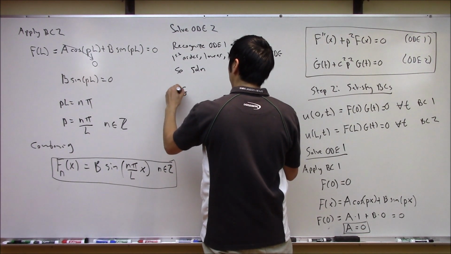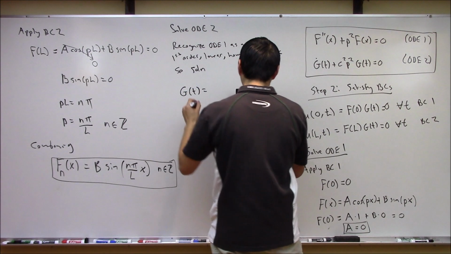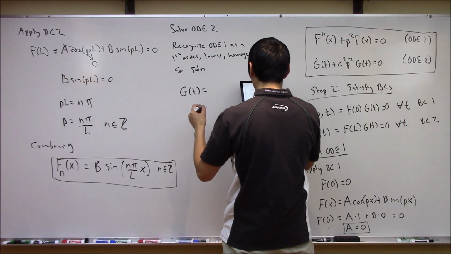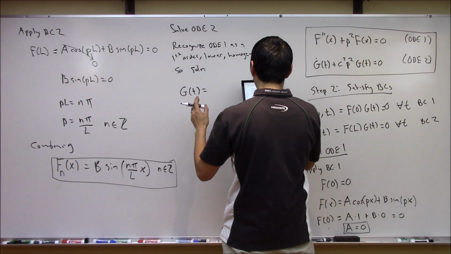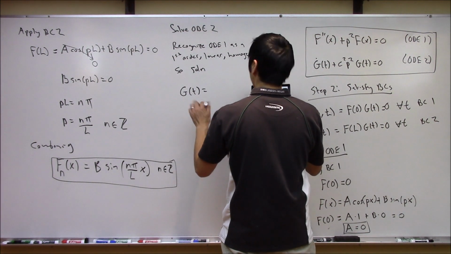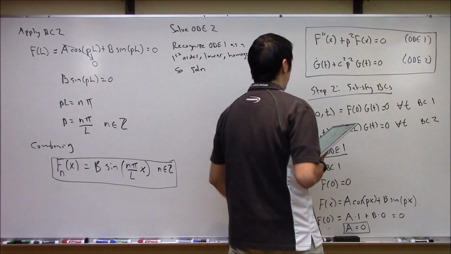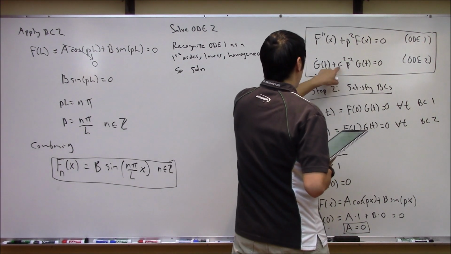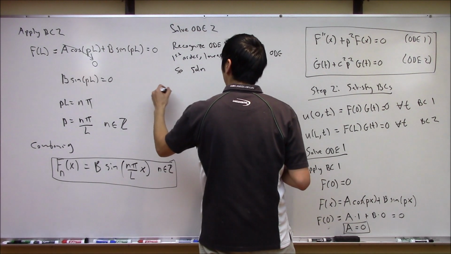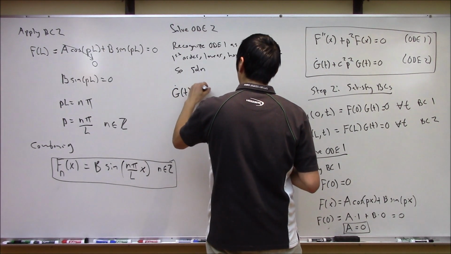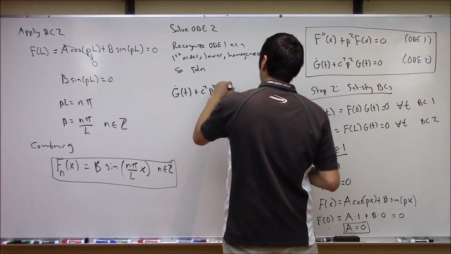g of t is going to be equal to, where did I put this? Oh, sorry, I skipped a step. Let me back up a step here. This is going to make our life a little easier. Let's rewrite our ODE. Our ODE is g dot of t plus c squared p squared g of t equal to 0.